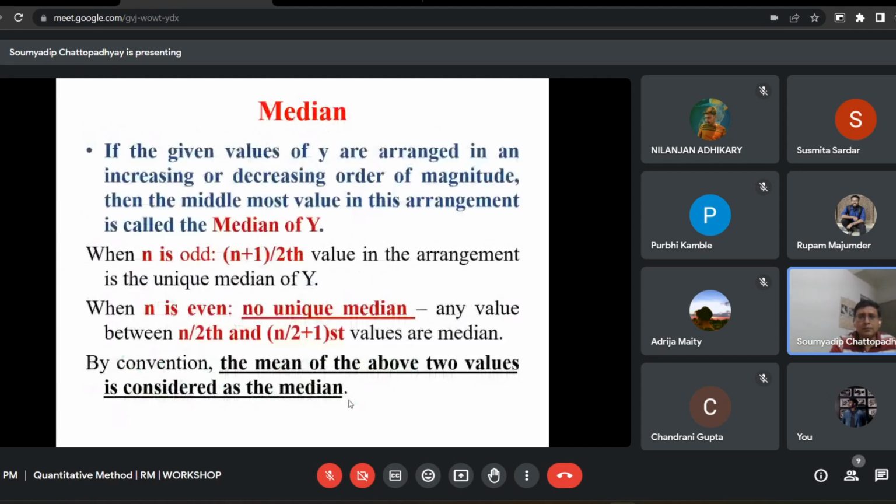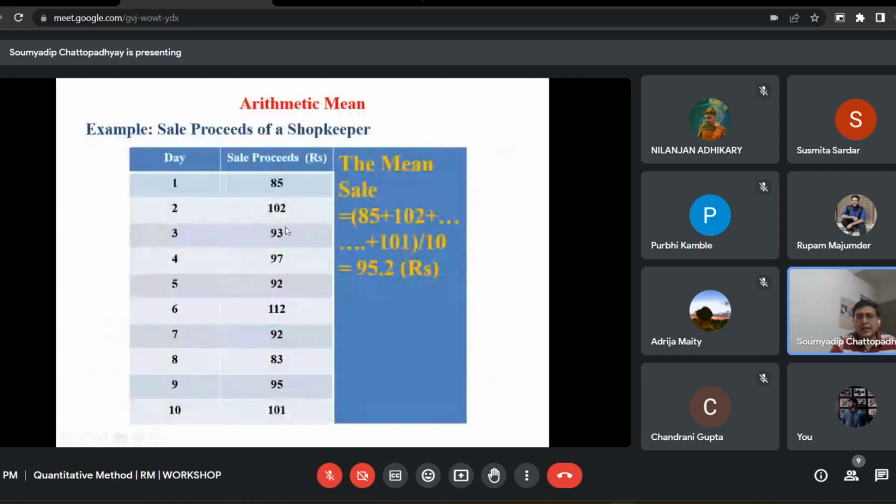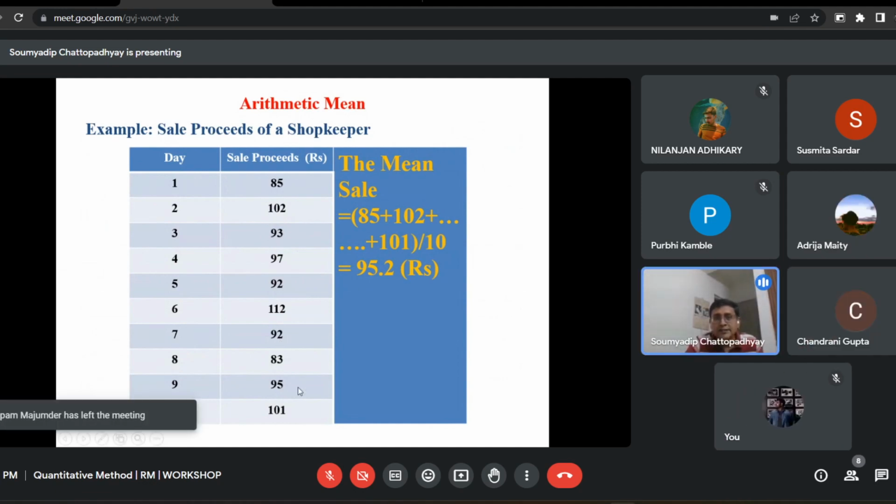If you look at this particular example, you see that all the sales figures occurred once, except one sales figure, which is 92. Okay, so you see here this particular figure, 92, comes twice, and all other figures occurred only once. So from this particular table, what is the mode value?